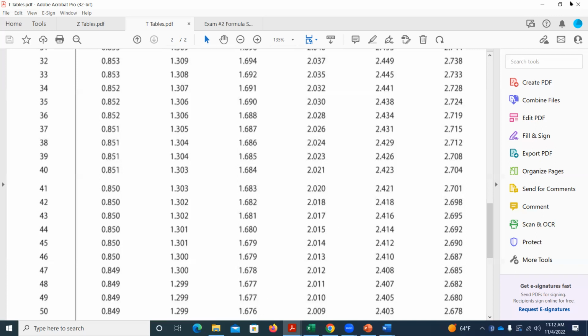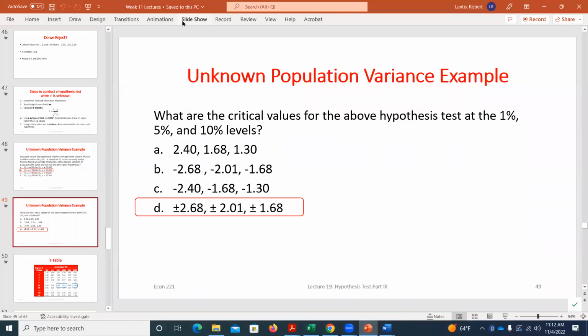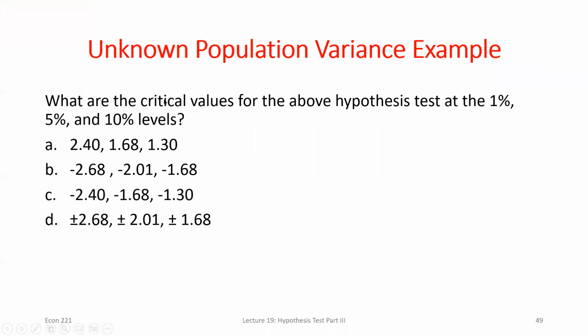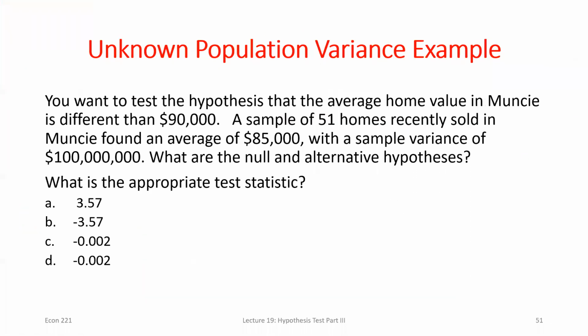So what's my next step? Well, I've got these critical values plotted, right? I know what they are. I looked them up in the table, but I need to know what my test statistic is. Does my test statistic fall in these rejection regions? I don't know exactly where 85,000 is going to be.